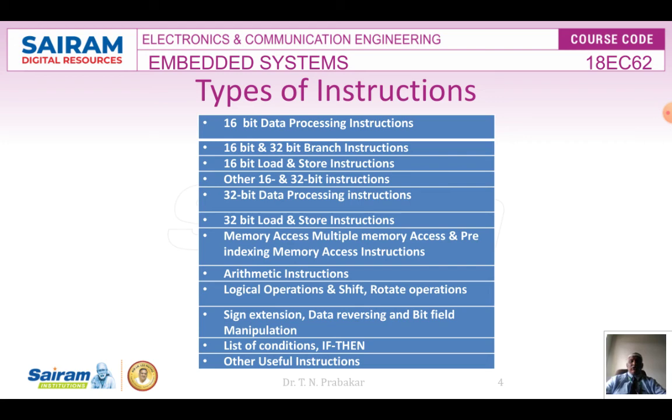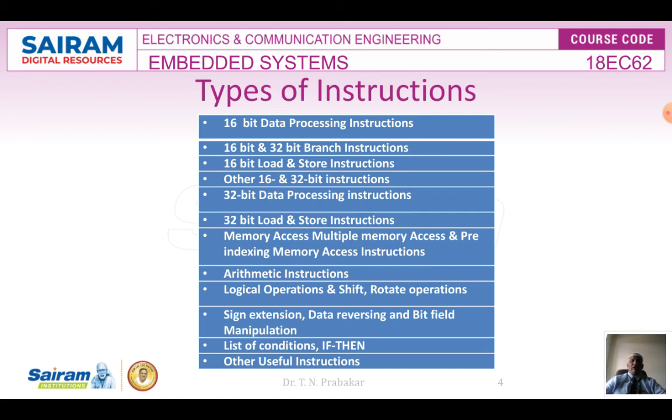Instead of using 32-bit, we can limit the data size to 16-bit so that you can pack more data and more code using the ARM processor. That is the advantage. And if the system needs a 32-bit memory access, then there are specific 32-bit load and store instructions also available. And then multiple memory access, pre-indexing and post-indexing memory access are possible.